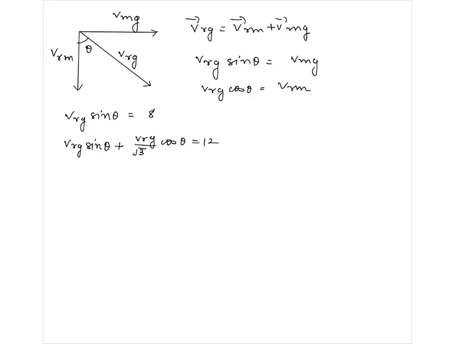This one. VRG sin theta is 8. That means 8 plus this 12. That means VRG cos theta is 4 root 3. Now it should be very easy.